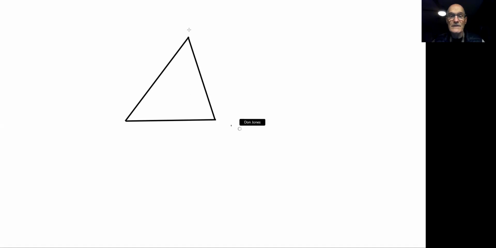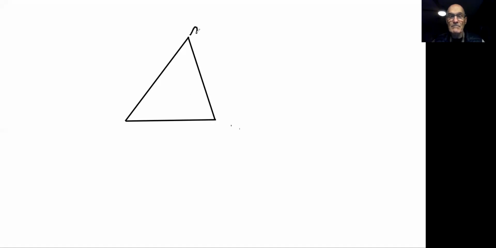So there are two basic types of figures that you'll run into when you're talking about similar triangles. The first one is something similar to this, where you have a triangle, some size triangle. So let's say this is triangle ABC.